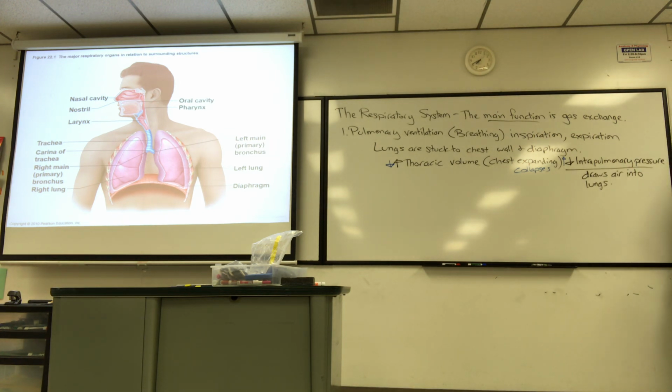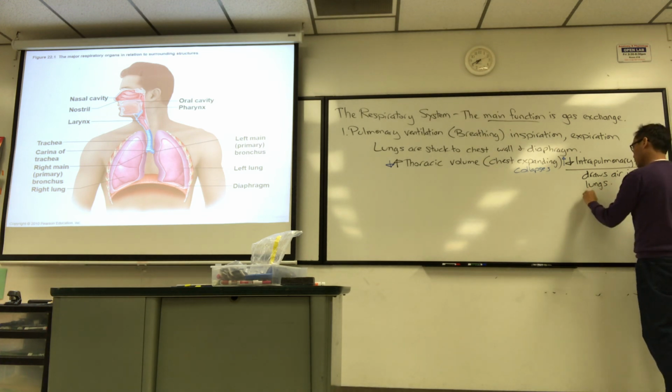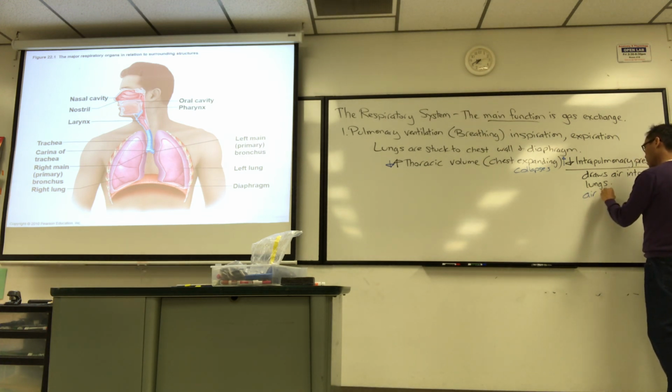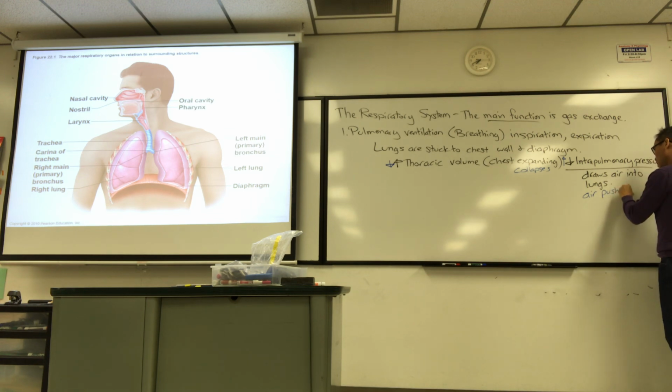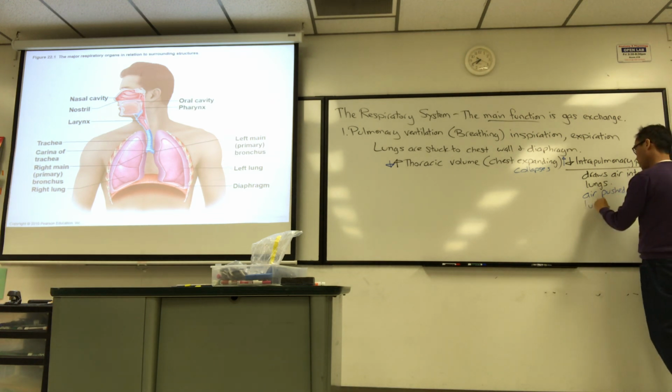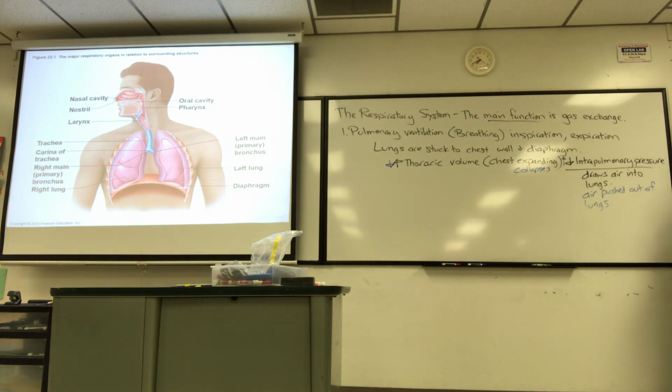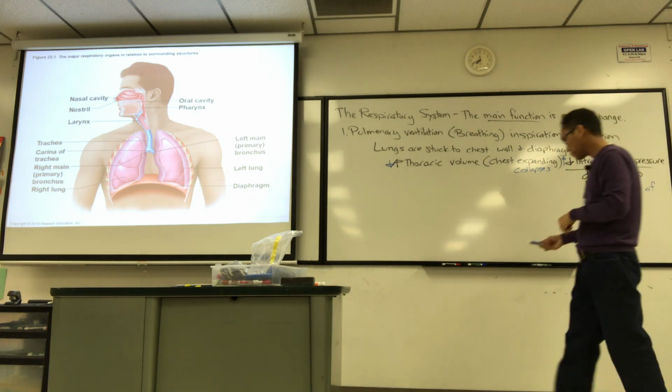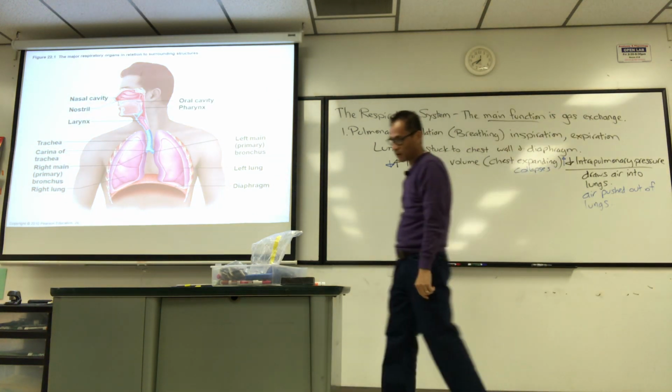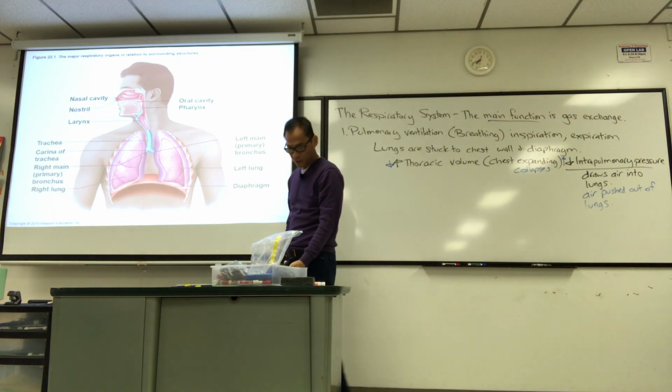Then you have a gradient, so the air is kind of pushed out of the lungs. So they say that the lungs are like an air pump because you're always drawing air in and pushing air out. Well, that's one thing. That's pulmonary ventilation. So that's just the act of breathing.